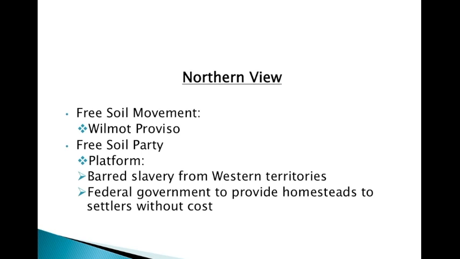So basically, the Northern view is that they wanted free labor in the Western territories and not slave labor. They felt that slave labor was hurting the American Republic's progress, that settlers needed to move out west, they would work, and as a result of their work, they would be contributing to the economy.